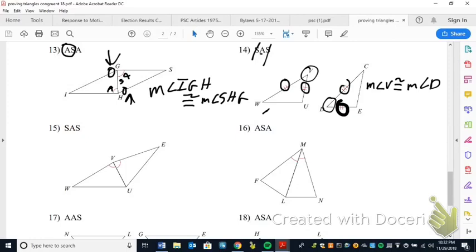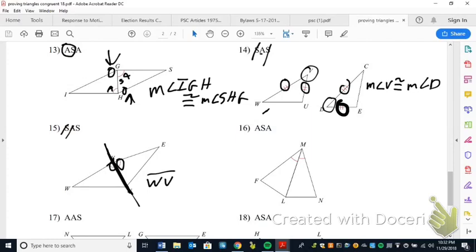We have side, angle, side. So look at the information that we have. We have angles right here, and we have this side right here. So we have a side and an angle. Now keep in mind, the angle has to be in between the two sides.